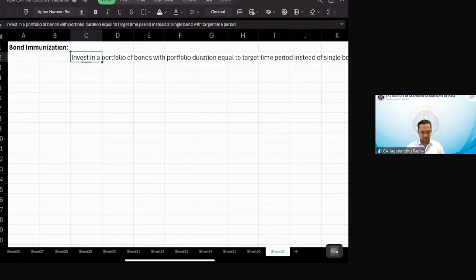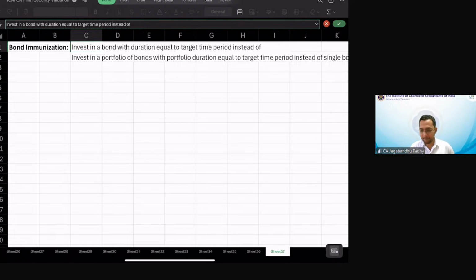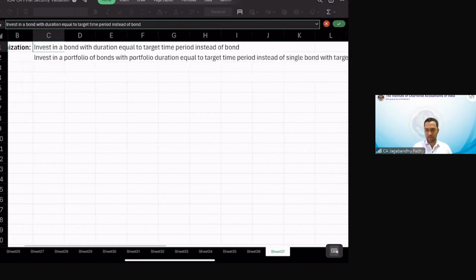Or I can say the original strategy is like investing in a single bond with the target time period, and instead we invest in a bond with duration equal to the target time period.